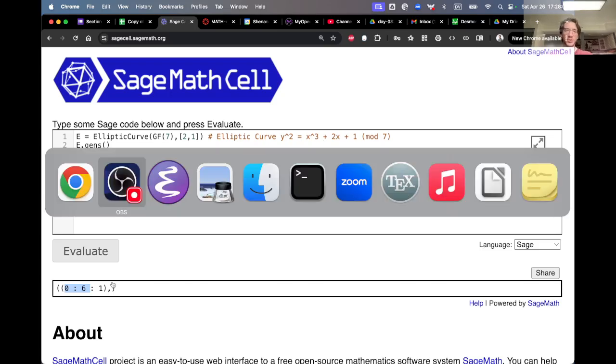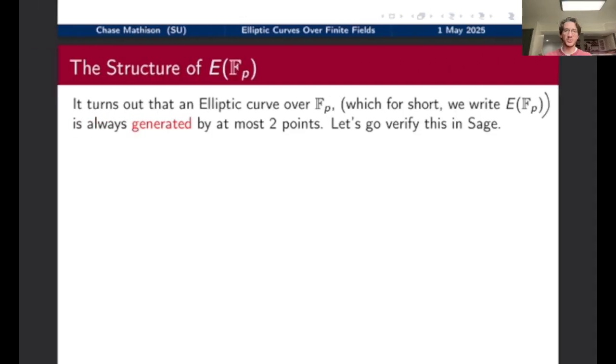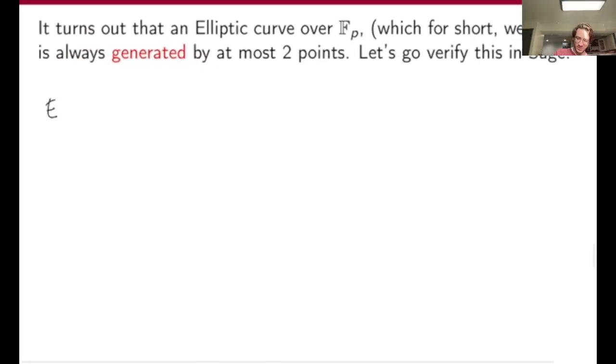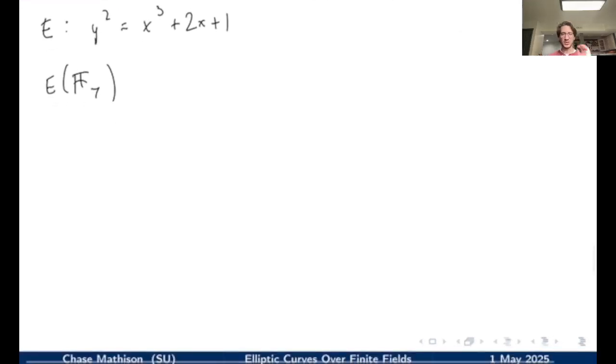By the way, let's go into our notes and verify that on E. So E is the elliptic curve y squared equals x cubed plus 2x plus 1. So we're looking at E over F7, the elliptic curve over F7.